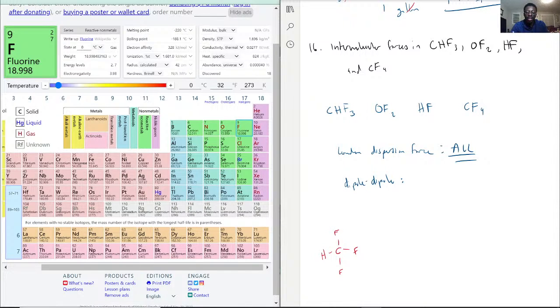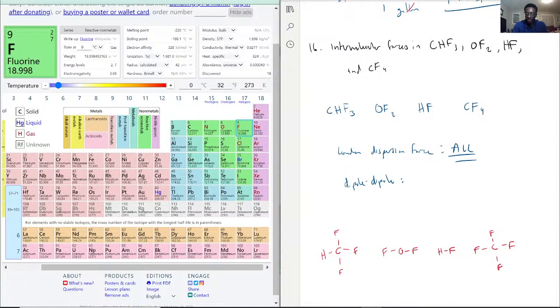The hydrogen is not attached to the fluorine because the fluorine is already full. OF2 looks like this, HF looks like this, and CF4 looks like this. So CF4 and CHF3 look quite similar to each other. That's a big hint on what type of bonds are present.